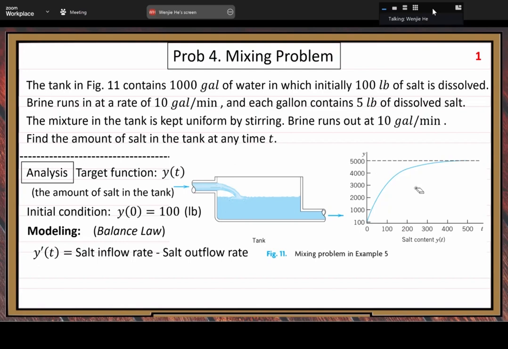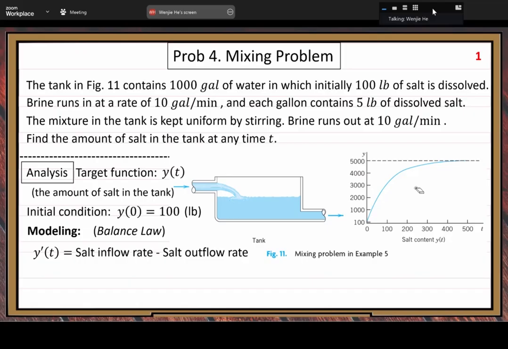You need to take the difference. So you have a gain from inflow, then a loss from outflow that you need to remove. This is the balance law.